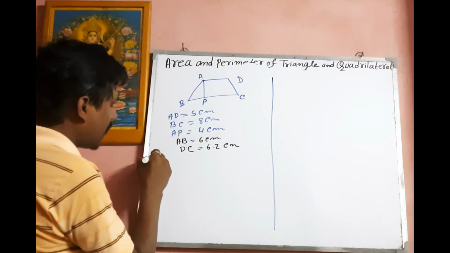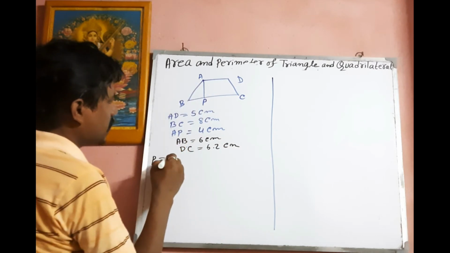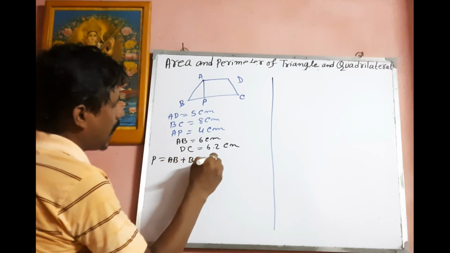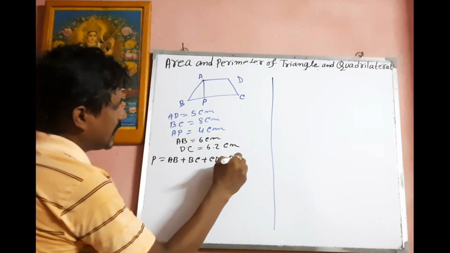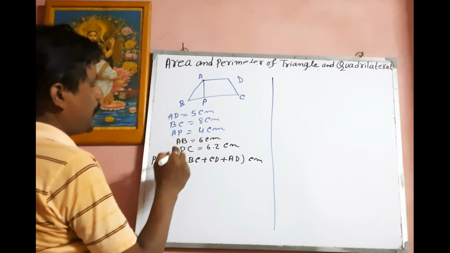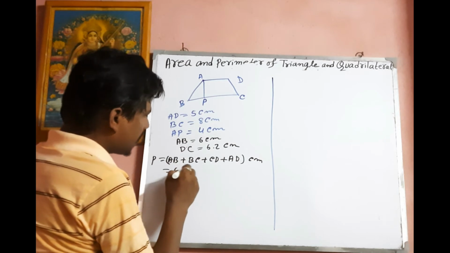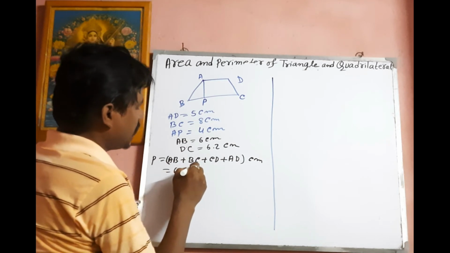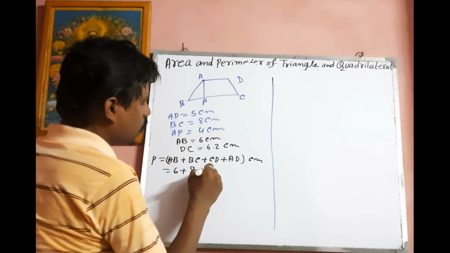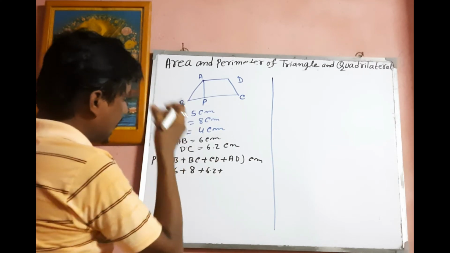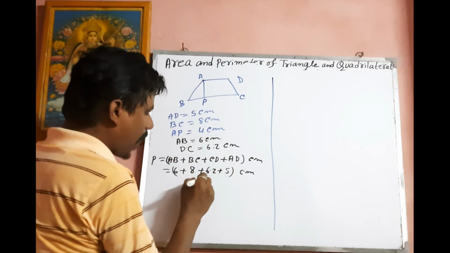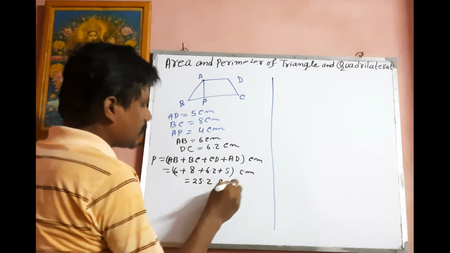Then the perimeter of the trapezium is AB plus BC plus CD plus AD, and this is in centimeter. Now putting the values, AB 6 plus BC 8 plus CD or DC 6.2 plus AD 5 centimeter. So this will be 25.2 centimeter.